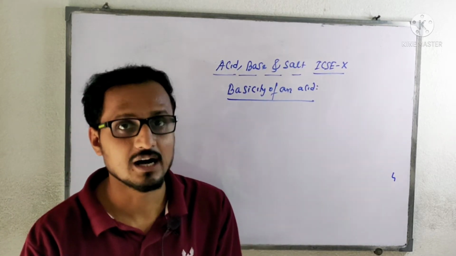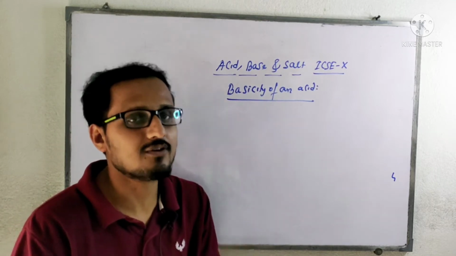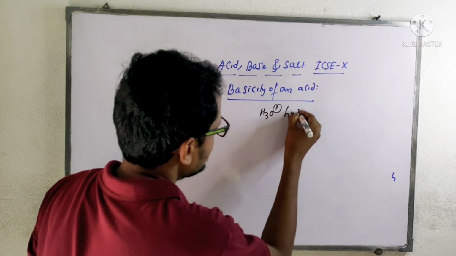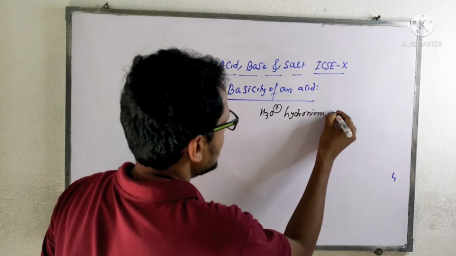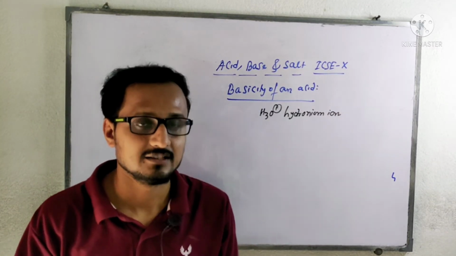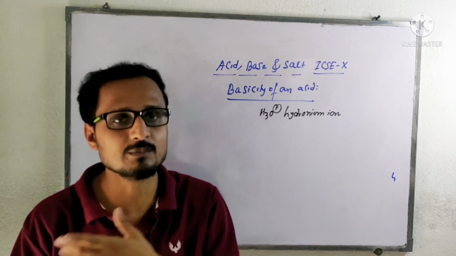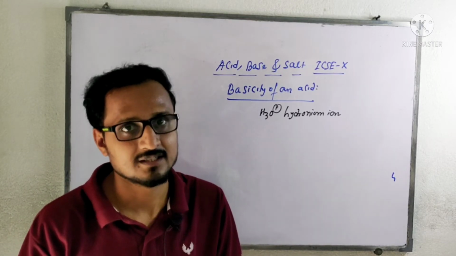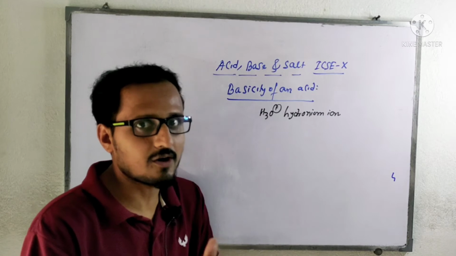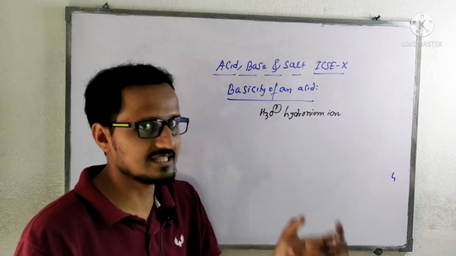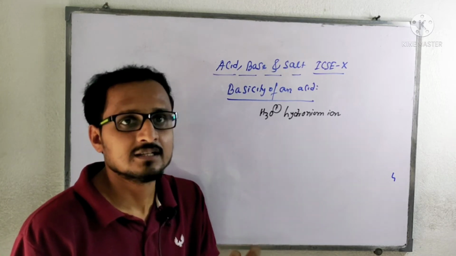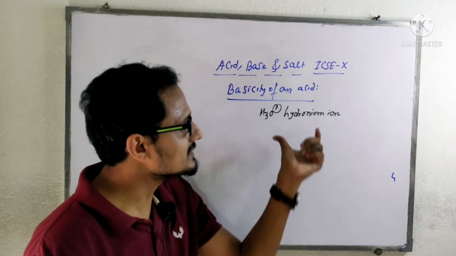The basicity of an acid is the number of hydronium ions, that is H3O+ ions, formed by one molecule of an acid in aqueous solution. If one acid forms one hydronium ion in aqueous solution after dissociation, then the basicity of that acid is 1.